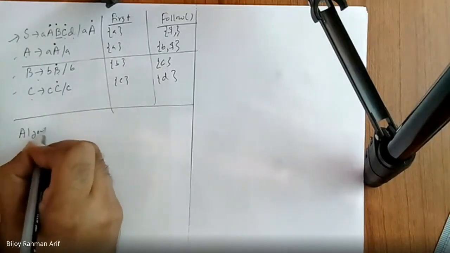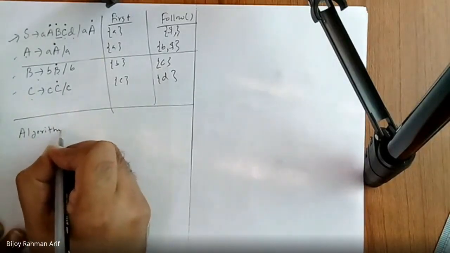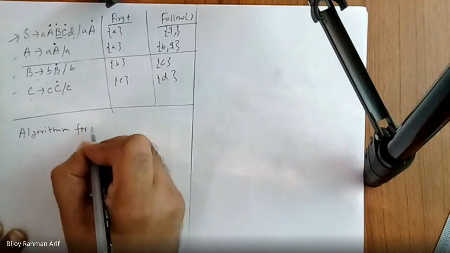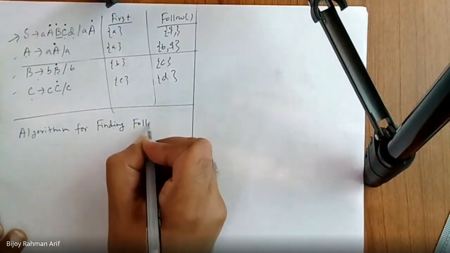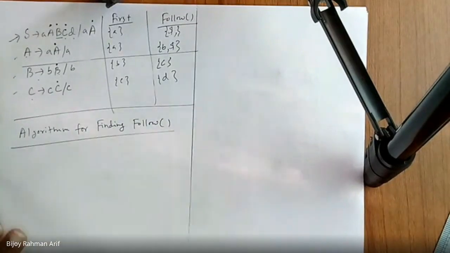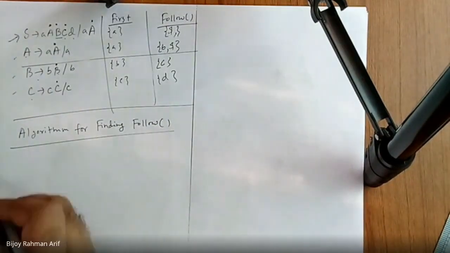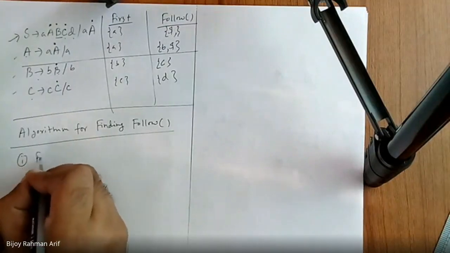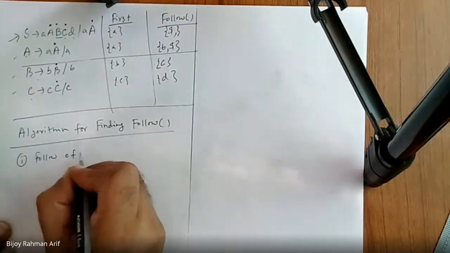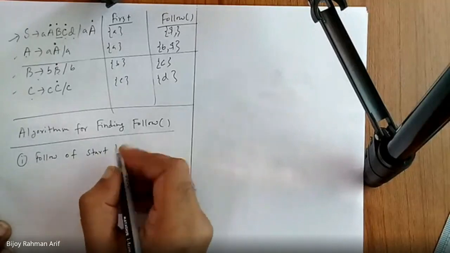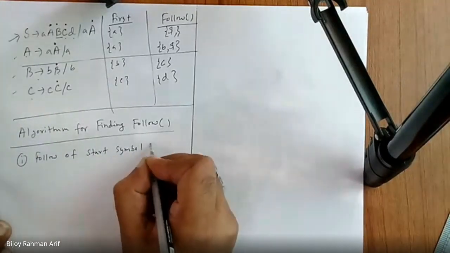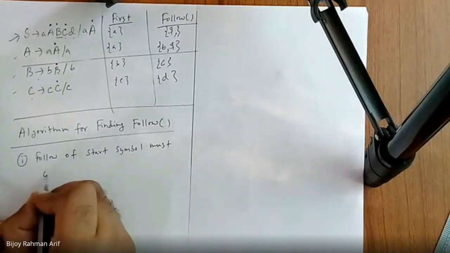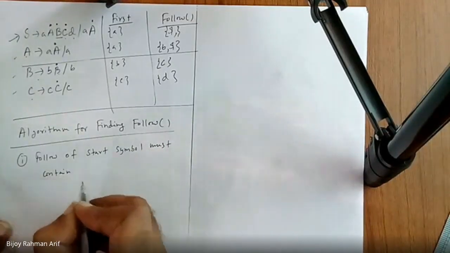Algorithm for finding follow. Algorithm for finding follow. So what is my first rule? Number 1, follow of the start symbol must contain what?